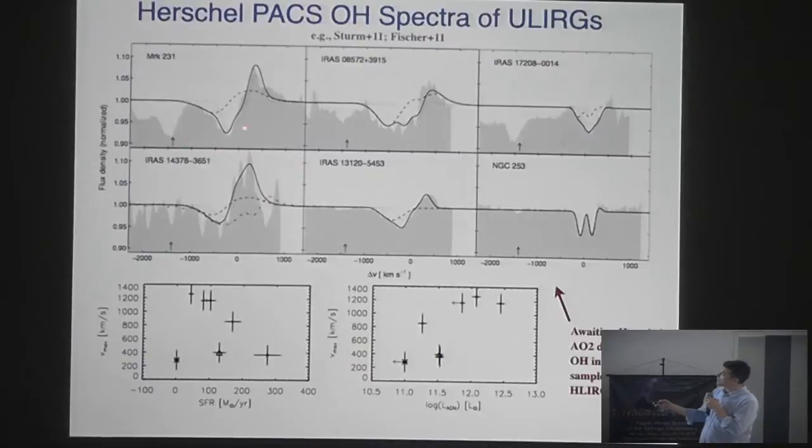We also see molecular gas from Herschel, looking at the OH absorption lines, which are being driven out by, again, 500, 600 kilometers per second or so in some cases. And this seems to be a function of the AGN luminosity. So the maximum velocity is driven by the maximum luminosity of the AGN.